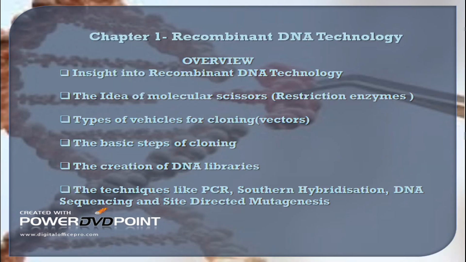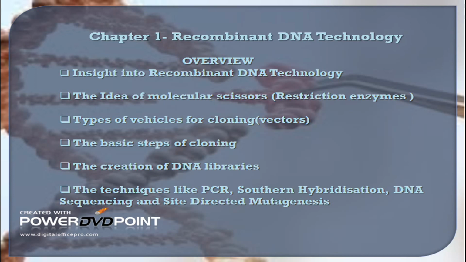Let's have an overview of the chapter. So what we are going to learn in this chapter: number 1, we are going to have an insight into recombinant DNA technology. Number 2, we are getting an idea about what molecular scissors or restriction enzymes are.